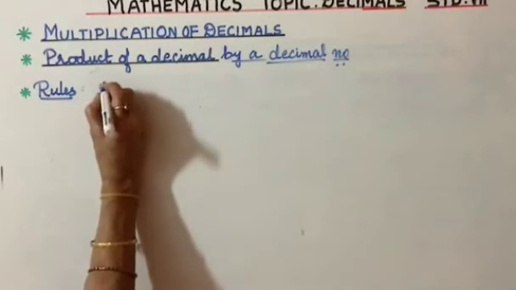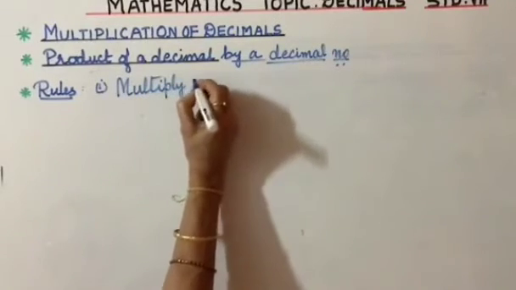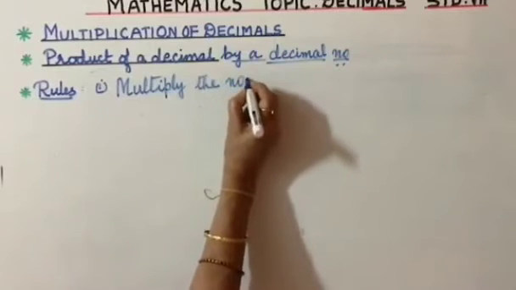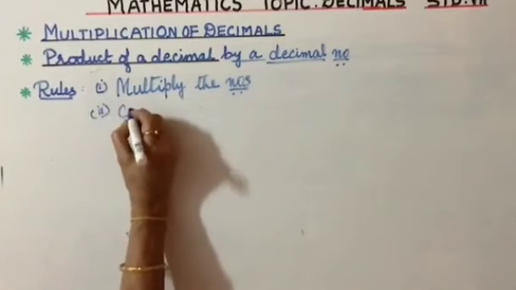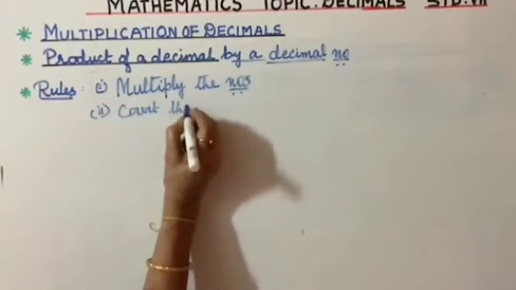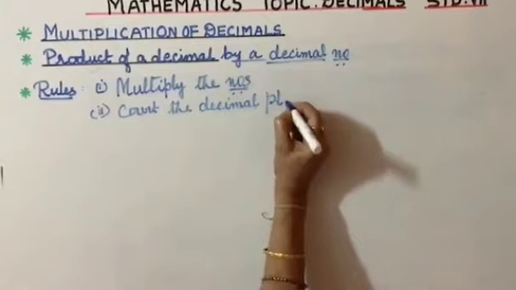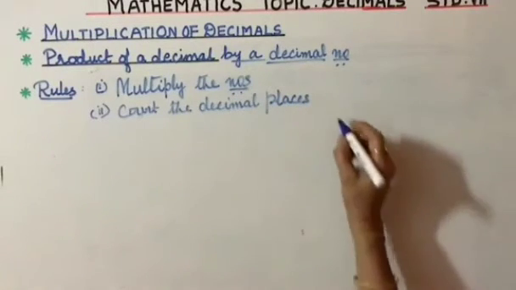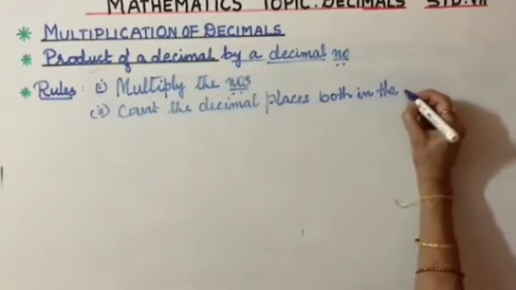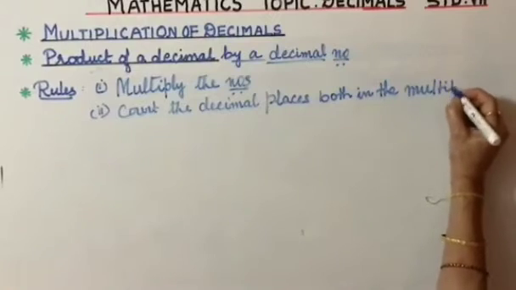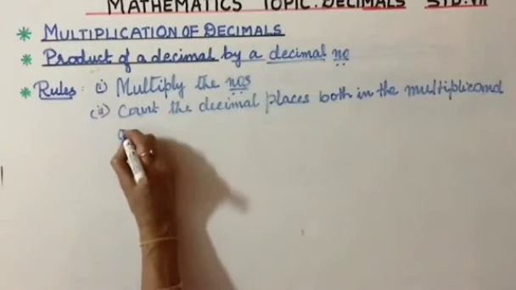Rule: multiply the numbers. Then count the decimal places both in the multiplicand and the multiplier.